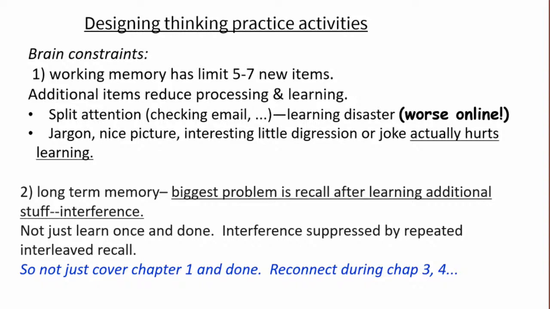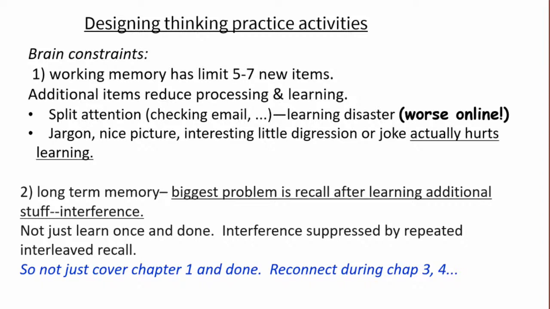But in fact, if you go back and measure things carefully, you'll find that the process of covering chapters 2 and 3 really hurts the learning of chapter 1 and the correct recall of chapter 1 material.